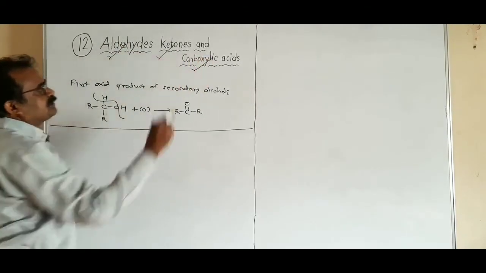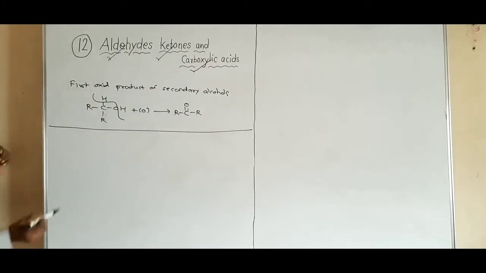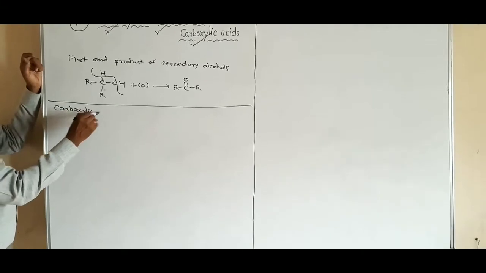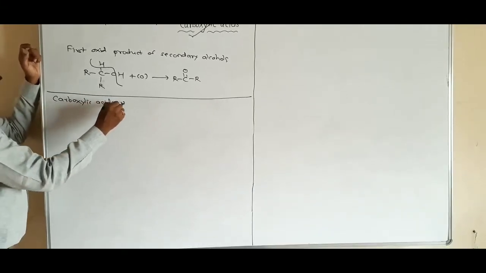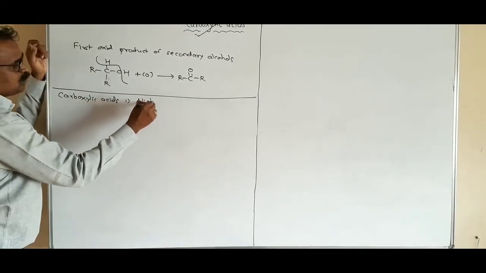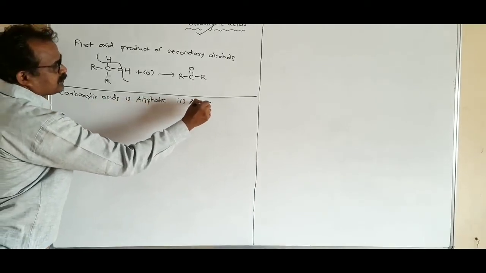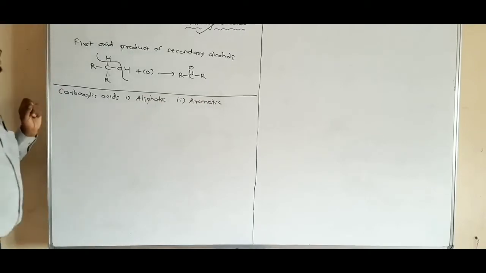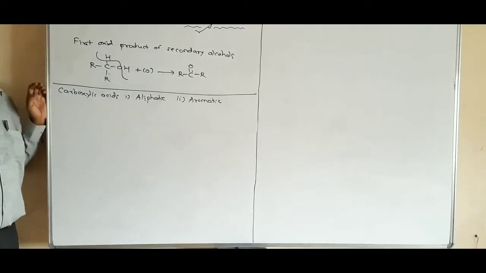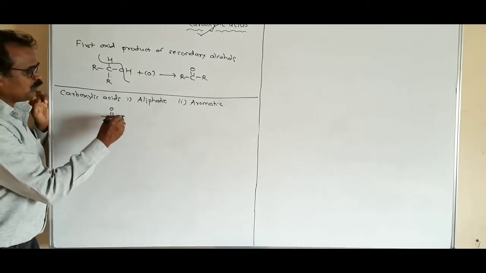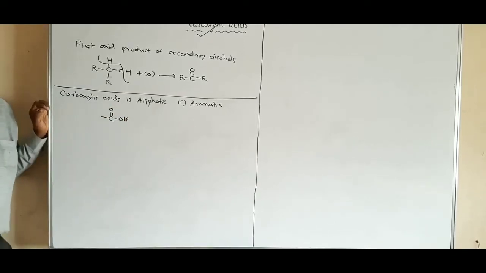Now we want to consider the classification of carboxylic acid. So these carboxylic acids are also classified into two types. One is known as aliphatic and the second is aromatic. In aliphatic carboxylic acid, the carboxylic group C double bond O OH is the functional group of carboxylic acid.